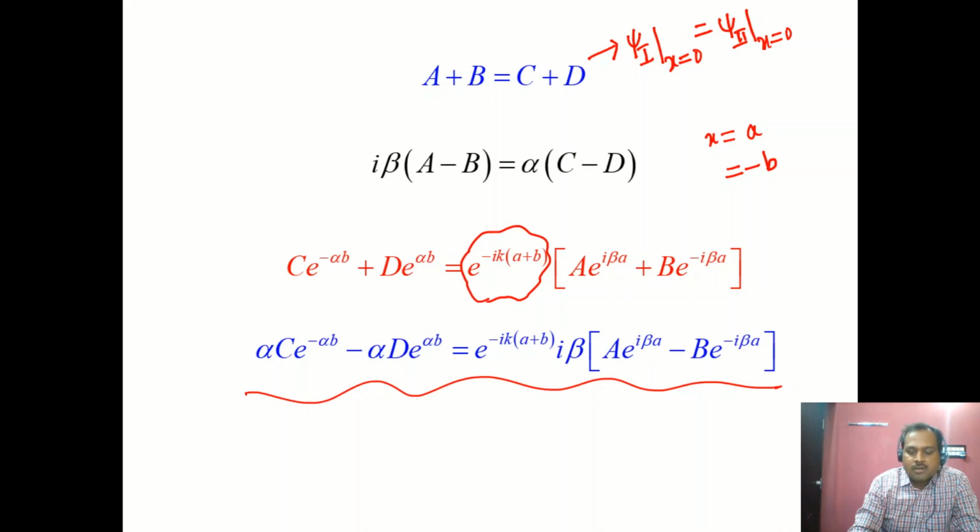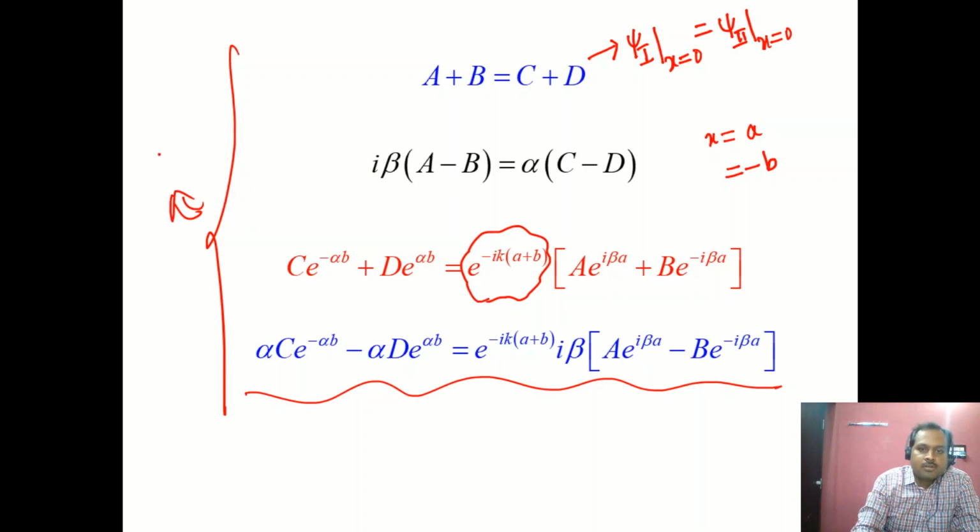Now we can obtain a solution to this set of equations, which is not of our interest. Our interest is to know when the solution will exist. The trivial solution is that all A, B, C, D are 0, but we are not interested in that. We are interested only in the non-trivial solution.